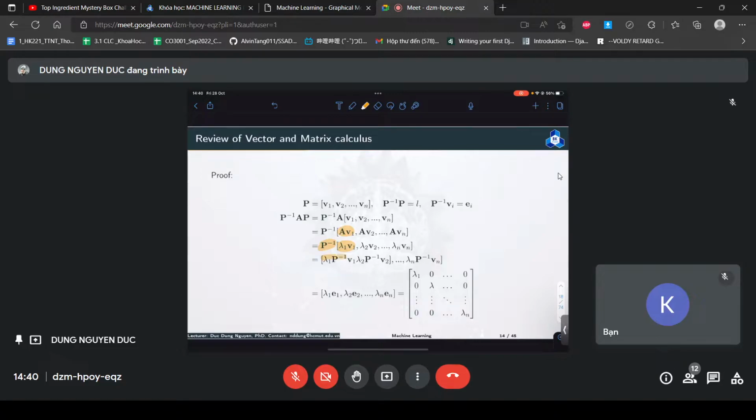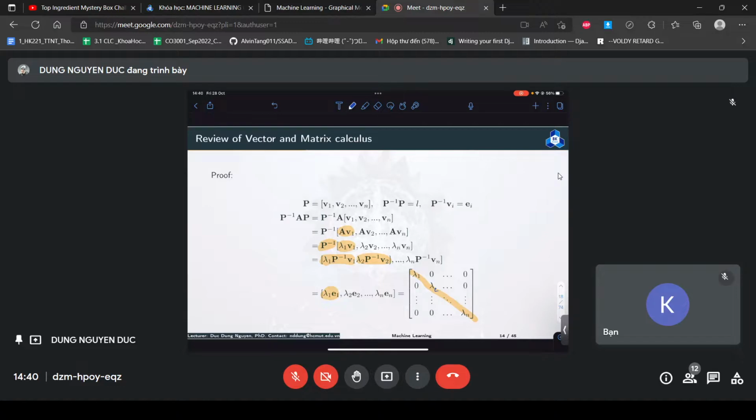And what you get is this one for the first element, and this one for the second element, and so on. Okay, so the first one gives you lambda of E1, where P minus 1 multiplied with V1 is E1. And if you keep doing so, you will get what you want. This is the diagonal matrix, lambda 1, lambda 2, and lambda n. Okay?